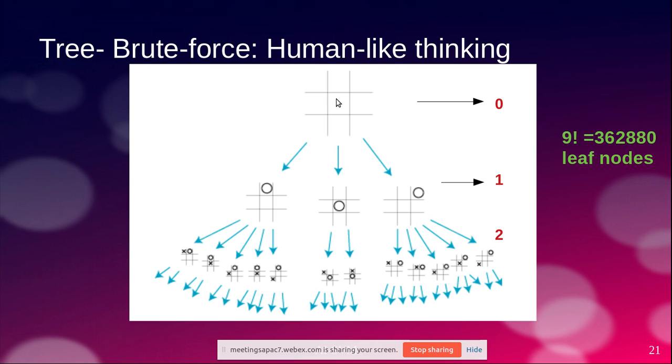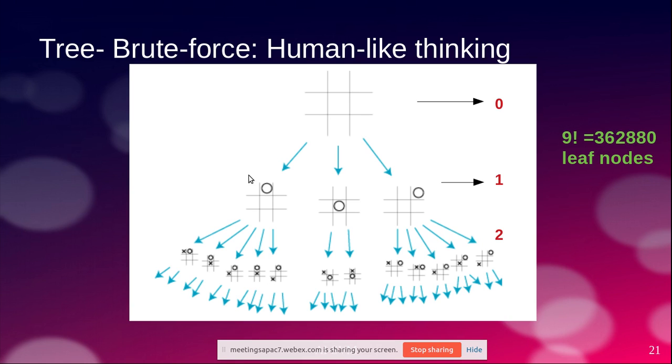So we started with a blank, then one of the nine blanks can be filled with a knot, so you will have nine options. So you can have nine children originating from this particular state. A knot here is one state, a knot here is another state, a knot here, and so on.